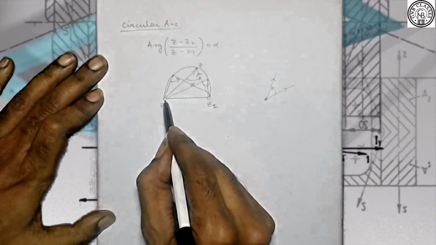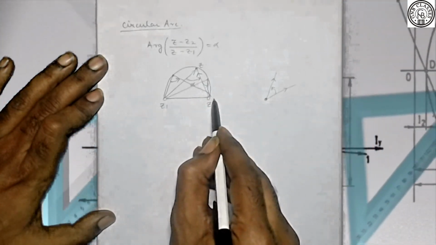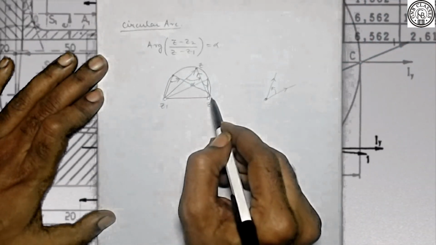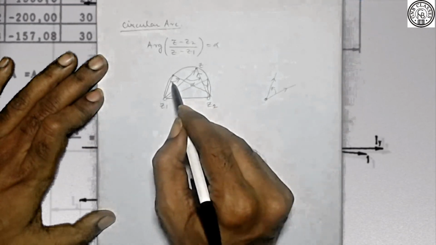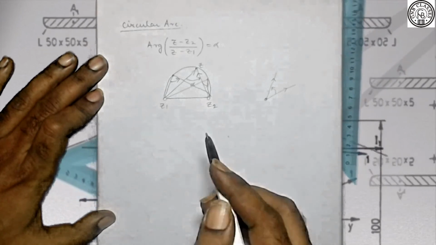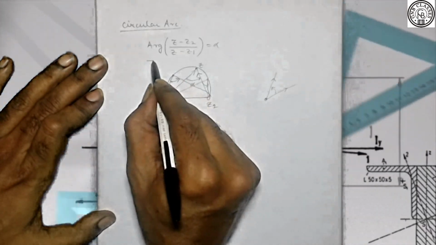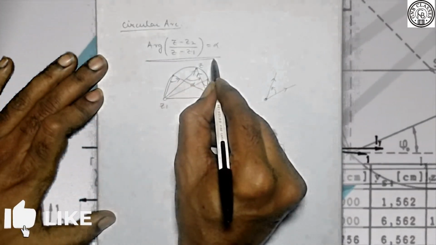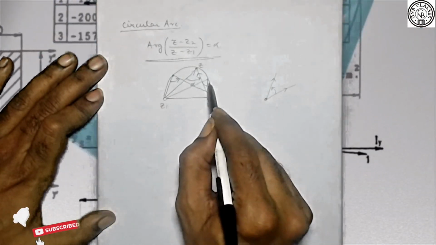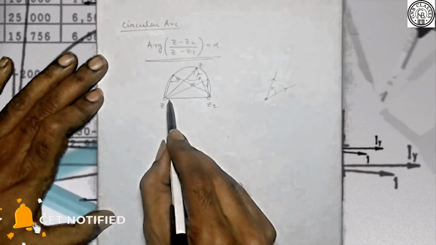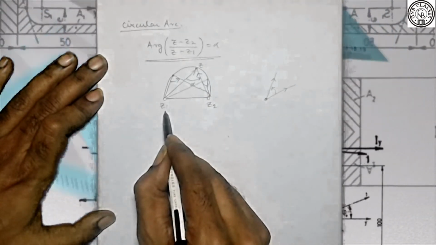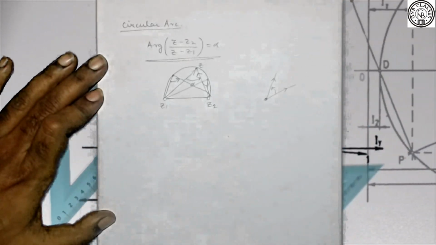Because standing on the same chord, the angles made at different positions on the circumference of the circle remain same. This is the basic theorem of circle. So in this case, the locus of Z is nothing but the circumference of this circular arc, where the line joining Z1, Z2 is simply a chord of that circle.